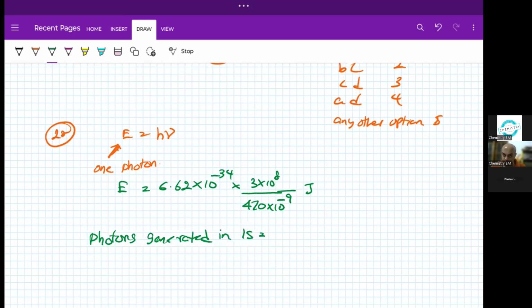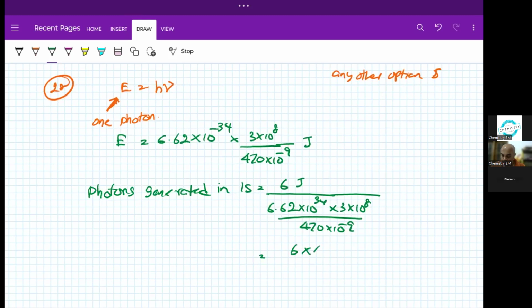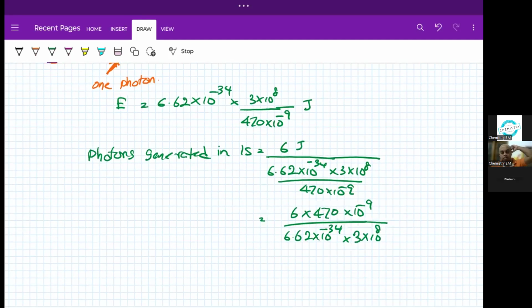So photons generated in 1 second will be 6 joules divided by 6.62 into 10 to the power minus 34 into 3 into 10 to the power 8, total one divided by 470 into 10 to the power minus 9. We can simplify this: 6 into 470 into 10 to the power minus 9, divided by 6.62 into 10 to the power minus 34 into 3 into 10 to the power 8. So this is photons generated in 1 second.